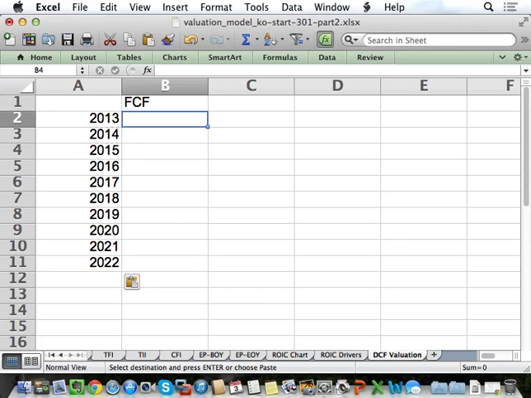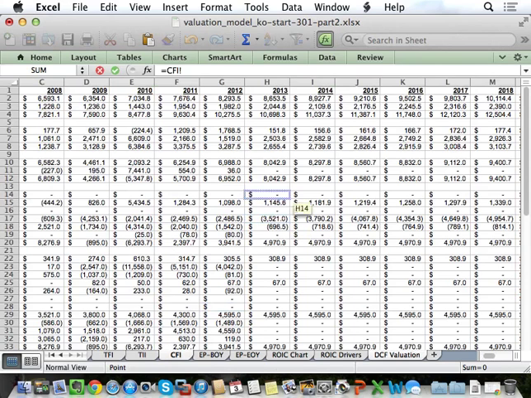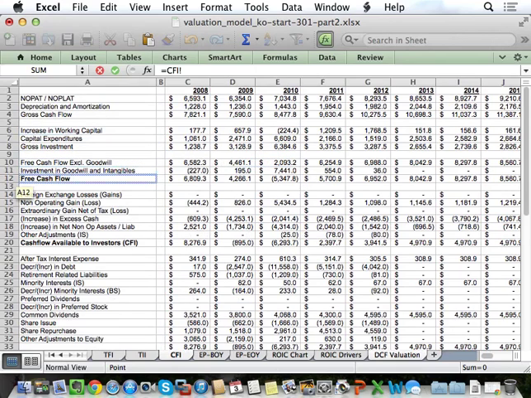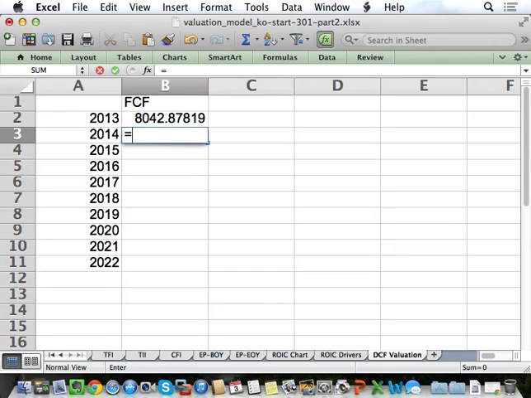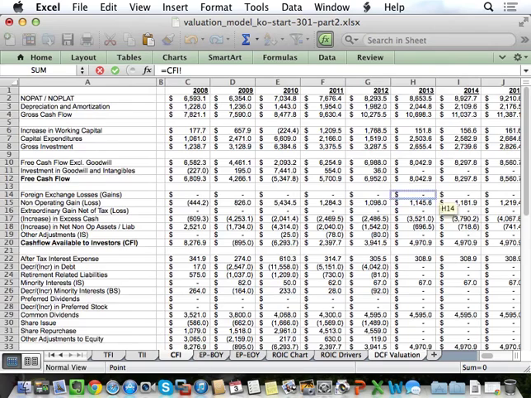So our forecast right now in the model for 2013 free cash flow off the CFI, which is row 12, 2013, so H12. 2014 free cash flow is currently forecasted as I12.